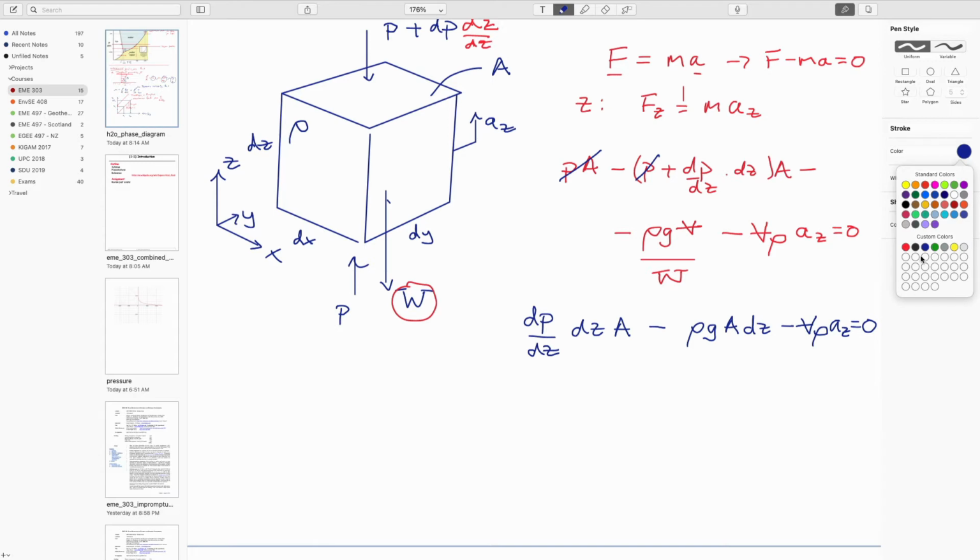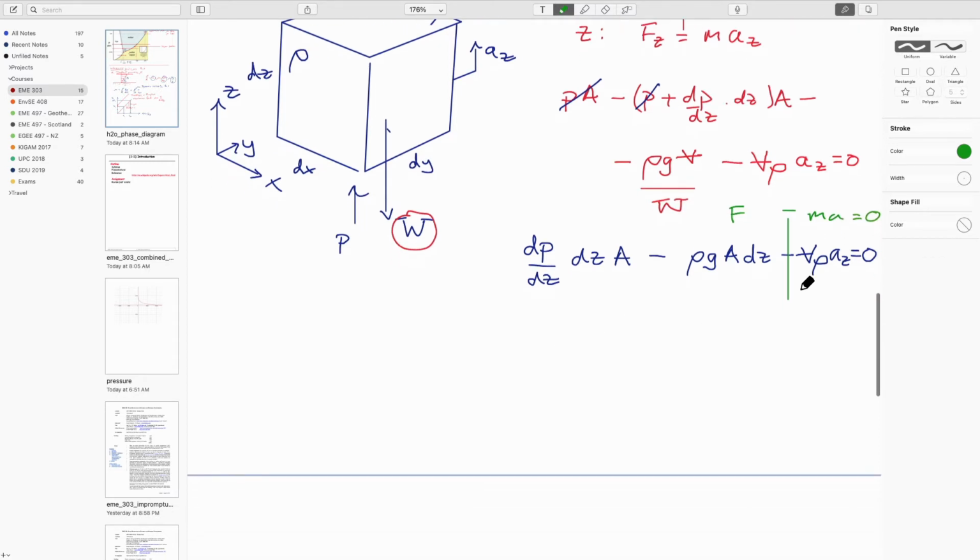So one reason for writing it in that way is that we can still divide this up, and I can write this as F minus MA equals 0. So we haven't deviated from that.